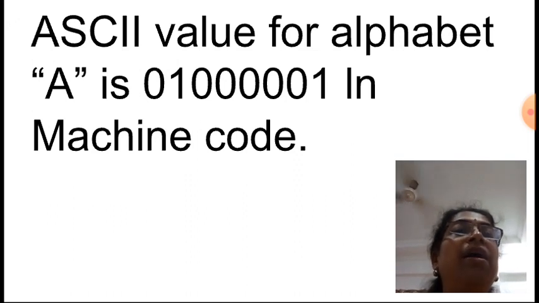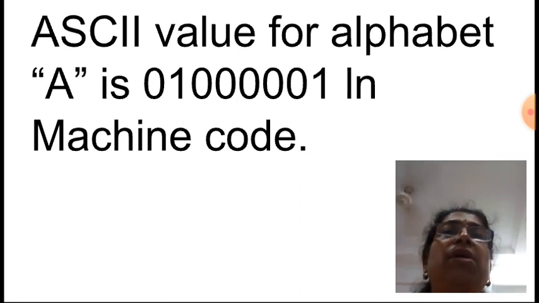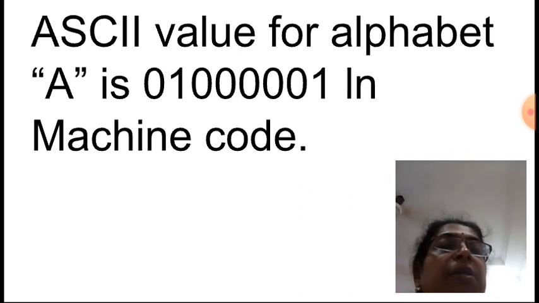In ASCII the value of alphabet is 0, 1, then 5 times 0 and 1 in machine code, that is in machine language. So it is very difficult to understand because all the combinations of zeros and ones only we have to do. So many combinations for different alphabets. So to remember this, it was very difficult.